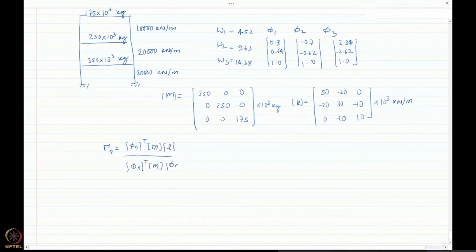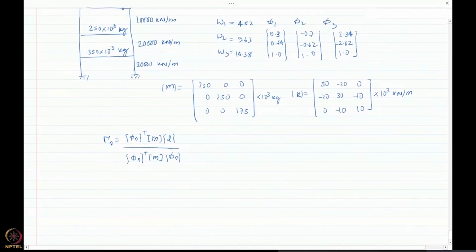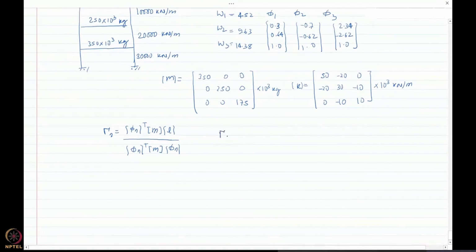Again, utilize your calculator to do the matrix multiplication. Now give me the value of this factor, because once I have obtained my single degree of freedom system, I need those factors so that I can relate its response to the multi-degree of freedom system.